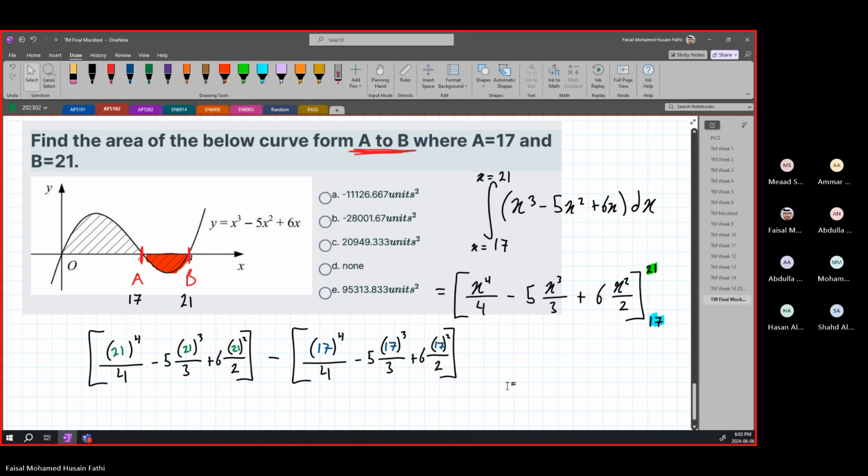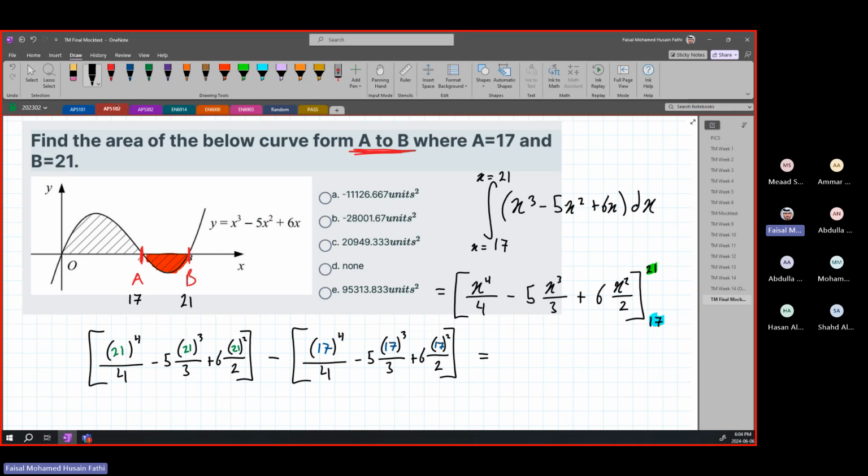Okay. And then you're just going to put this into your calculator as one piece, all of it, and then find your answer. So it's going to be 21 to the power 4 over 4 minus 5 times 21 cubed over 3 plus 6 times 21 squared over 2.